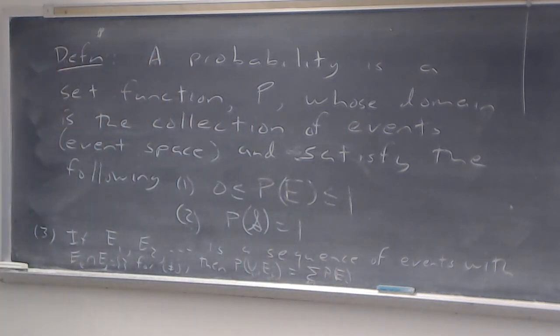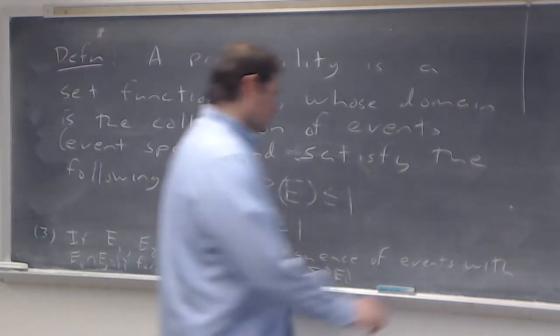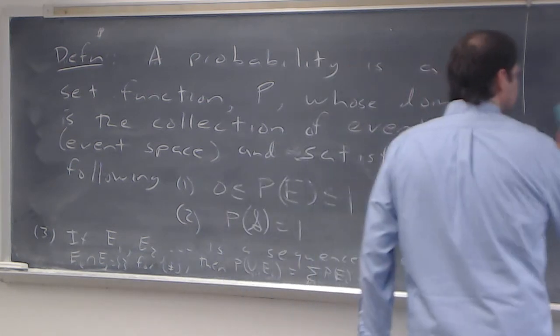This last step says, hey look, if you've got some mutually exclusive events and you union them up, then the probability of that union is equal to the sum of the probability of each one of the events. Let's look at an example here.